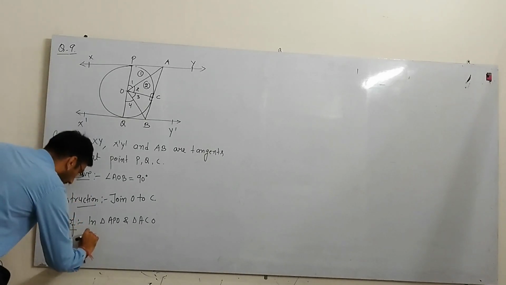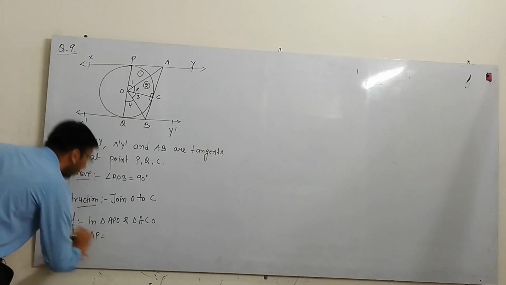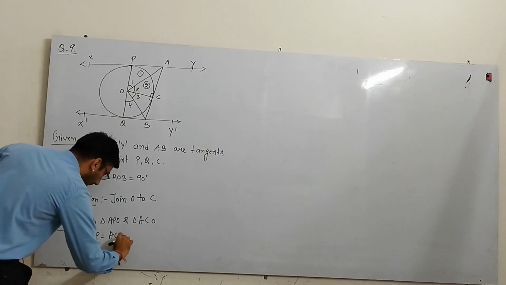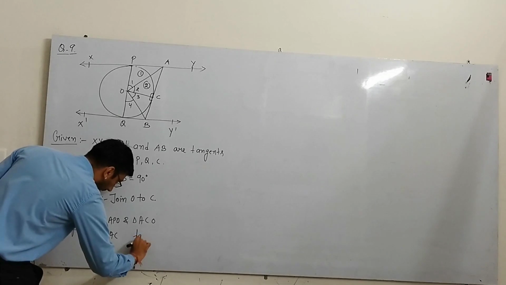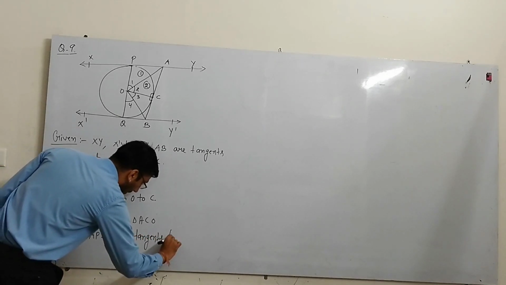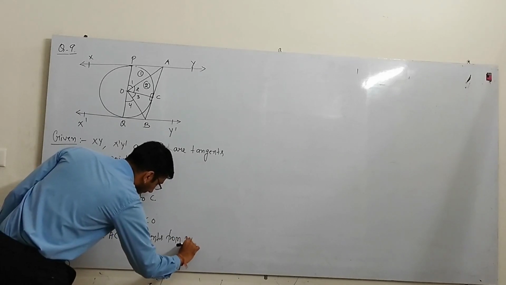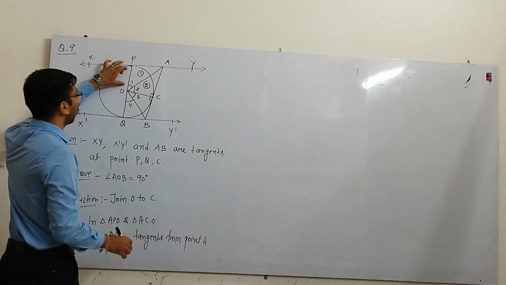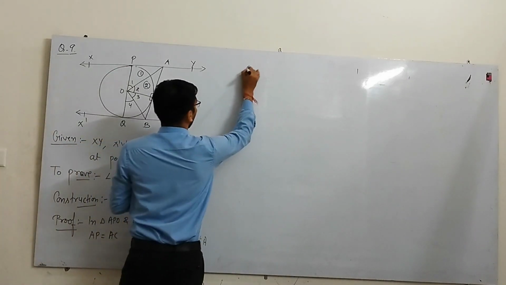First we can write that AP is equal to AC. These are equal. Why? Because these are tangents from point A. Second thing, we can write OP is equal to OC.